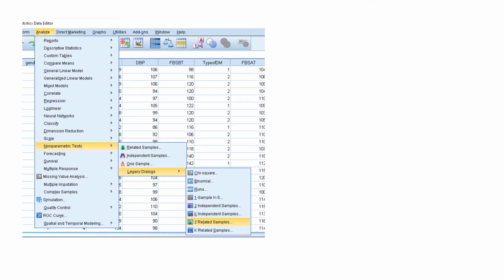We can use SPSS to do the sign test. How? You click on Analyze, Non-Parametric Test, Legacy Dialogues, and look for two related samples, before and after treatment. In this example, we will see fasting blood sugar before treatment and fasting blood sugar after treatment. We can find out if the sign test shows a significant difference or not.